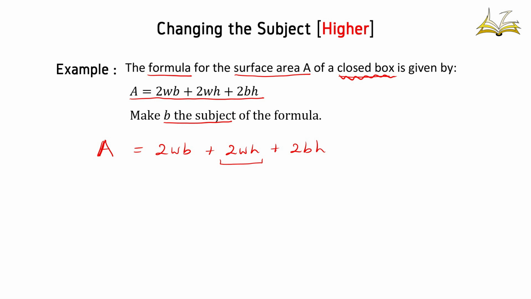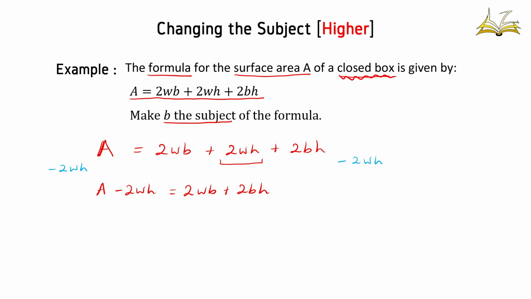So the opposite of adding 2WH is taking away 2WH on either side, isn't it? We're going to now have A take away 2WH is equal to 2WB plus 2BH.